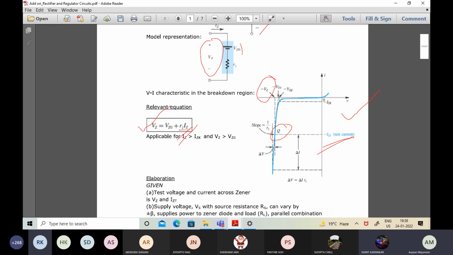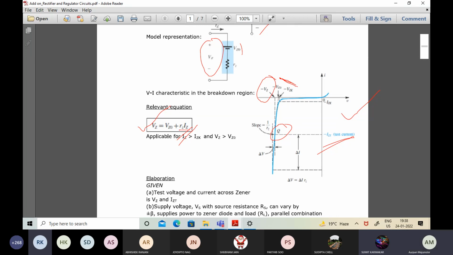I have talked about VZ naught being the knee voltage, beyond which, if the voltage increases, it leads to breakdown and quantum mechanical tunneling occurs. That is shown by two different points, though ultimately in a realistic scenario it is the same. Look at these two points, VZ naught and VZK.